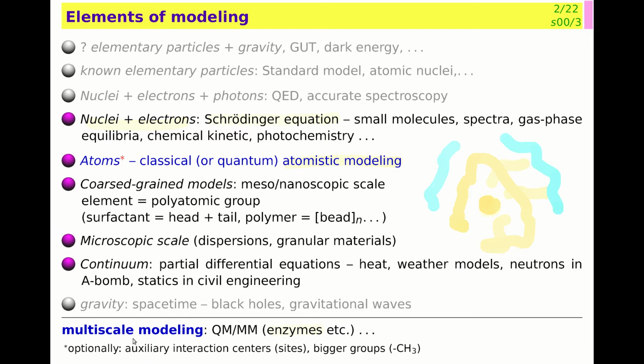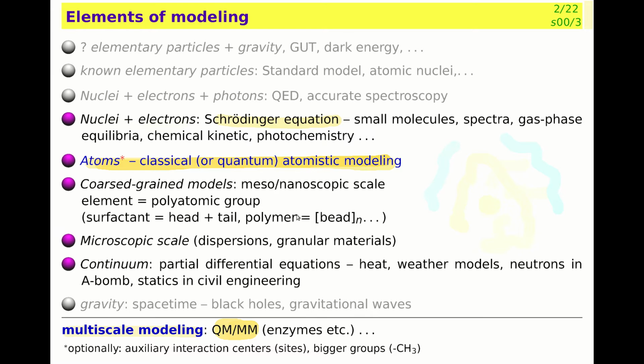So this is called multiscale modeling, and the type that combines the Schrödinger equation or quantum chemistry. In general, we have more methods in quantum chemistry than only Schrödinger equation, and atomistic modeling is usually called QM/MM. It means quantum mechanics and molecular mechanics. This is this level.